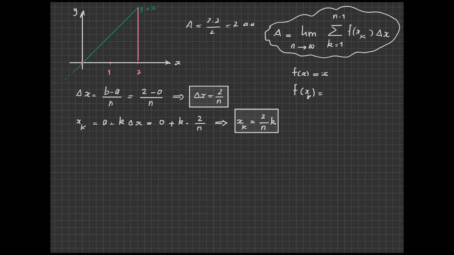Okay, if f of x is x, tell me, what is f of x sub k? It is x sub k. Yes, is that understandable? Okay, but what is x sub k? We just calculated that. It is 2 over n times k.